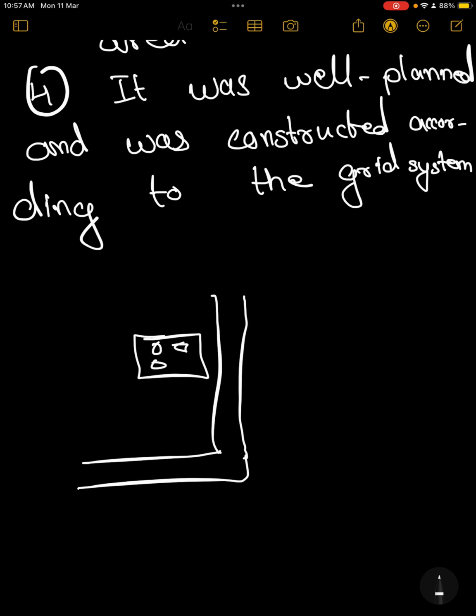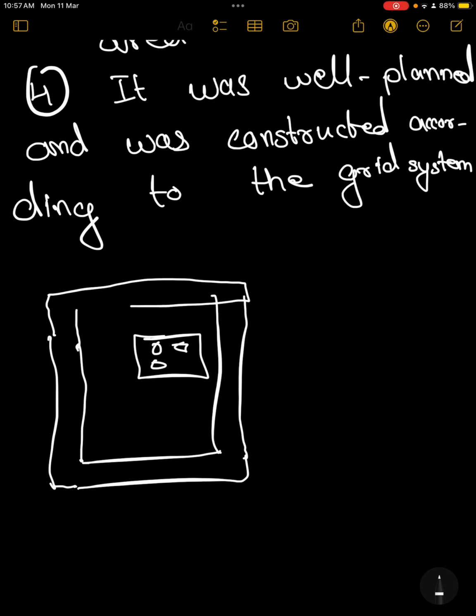Once again these roads are getting cut over here, so they look rectangular. The speciality is that the roads are cut at exactly 90 degrees, which results in houses being in rectangular street blocks. So that is known as the grid system.